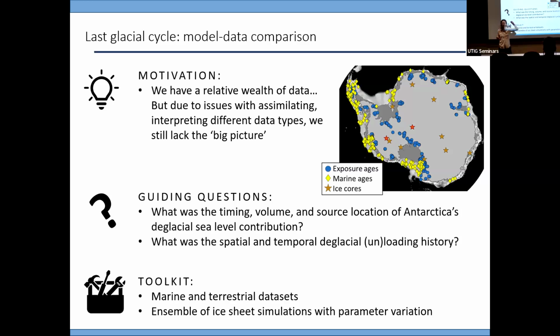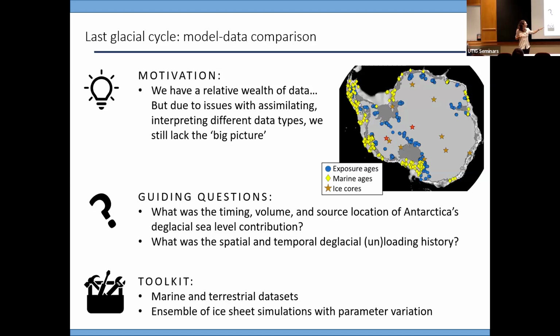Where Antarctica loses mass actually changes the fingerprint of sea level all around the globe. So it's really important to get this right. We also need a spatial and temporal unloading history to inform Earth models, glacial isostatic models like Keisling's. The work that she does relies on these loading histories, and so we need to be able to get this right.